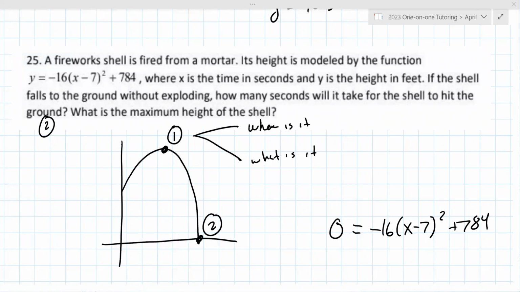So I got approximately, when I'm rounding to the nearest whole number, like 10 seconds-ish.